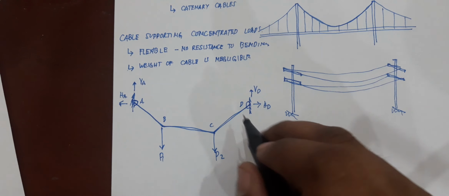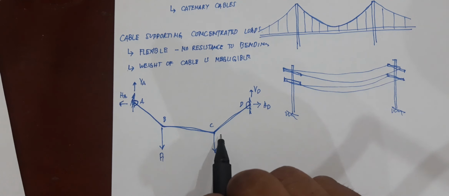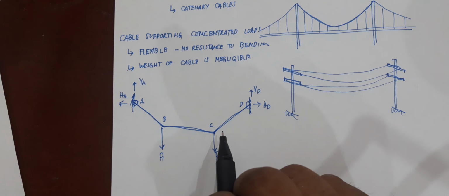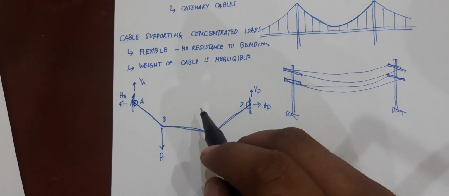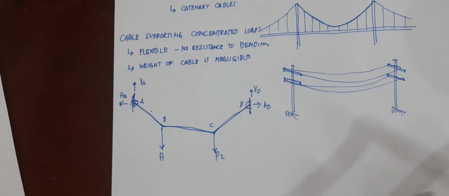Going back, any portion of the cable between successive loads is considered a two-force member. Therefore, the internal force at any point in the cable reduces to a tension force directed along the cable.